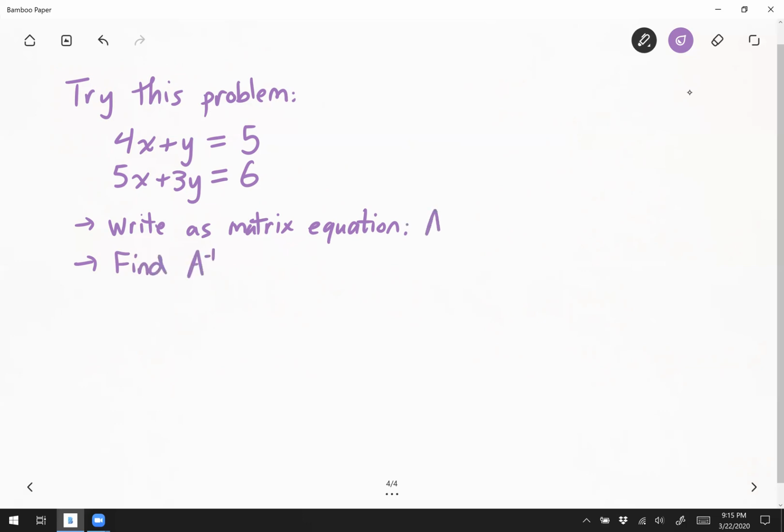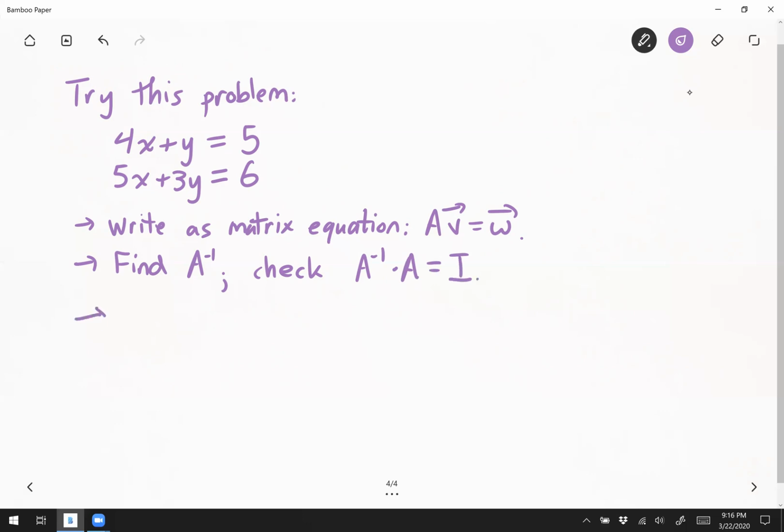By A inverse, I mean if you write this equation as A times vector V equals vector W, find A inverse, and also, because you can, you should check that A inverse times A equals the identity.